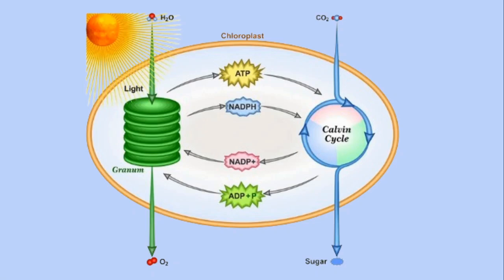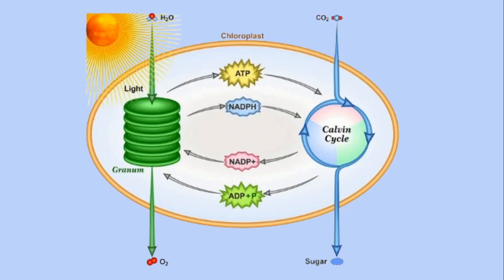So in the dark reaction, what happens? NADPH, which comes from light reaction, splits up to give NADP and H plus ion. Then that NADP gets recycled back so that it can be used in further light reaction. And like that the ATP also splits up into ADP and inorganic phosphate, and then again is recycled and regenerated so that they can be used further in light reaction.